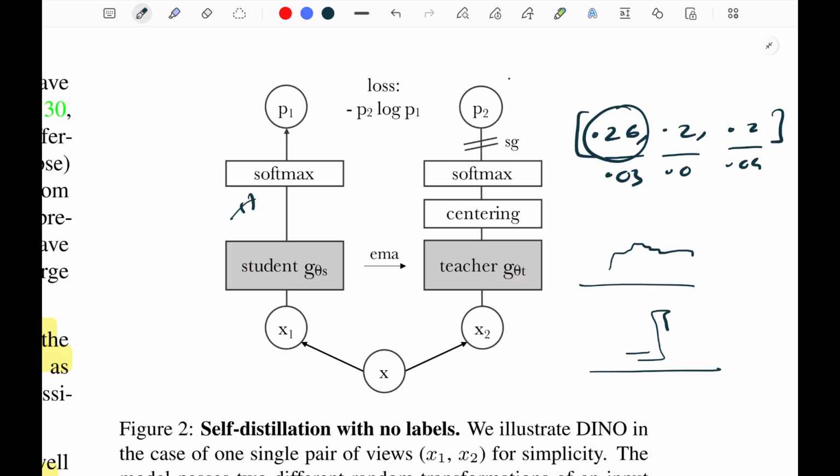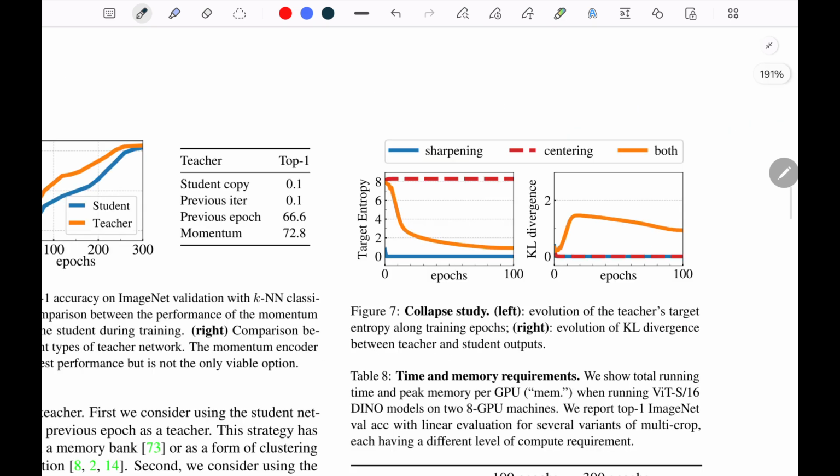They have a good graph explaining what will happen without centering and sharpening. So this is the graph they have, and this is the target entropy. Here they show that if you don't do sharpening, your KL divergence will be 0. That means both the teacher and student will output the same output, something like this.